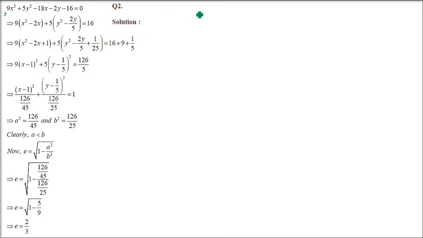This equation, 9x square I am taking, now which is the x term again, minus 18x. Now taking the y term, 5y square, and then you have minus 2y. Now minus 16 I am taking to the right hand side. So we have to make it a perfect square. What we'll do, we have to make the coefficient of x square and y square as 1, unity.